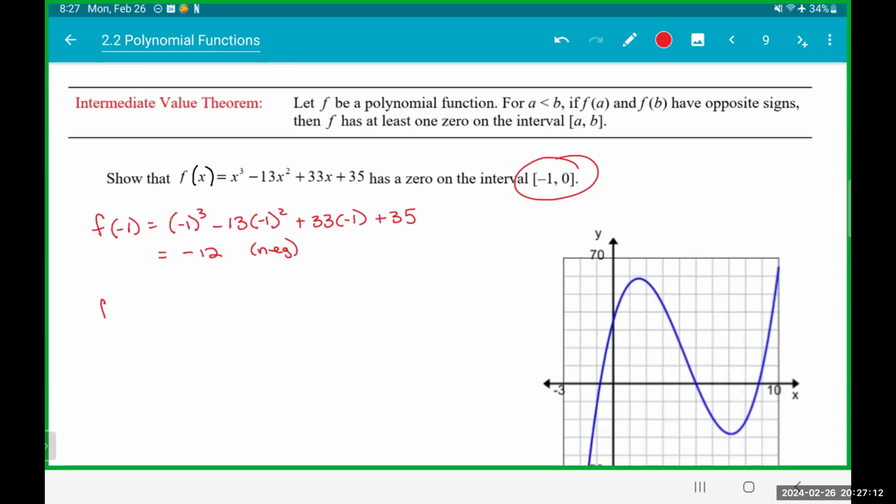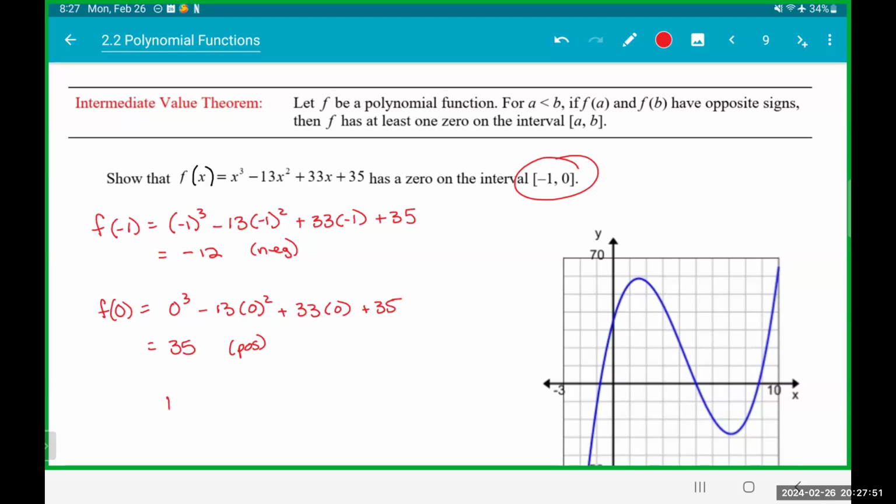So now let's evaluate on the other end of our interval. We have 0 cubed minus 13 times 0 squared plus 33 times 0 plus 35. When I simplify this, I get 35, which is positive, right? So what our theorem tells me is if I do this on the interval and I get opposite signs, then I have at least 1 zero on that interval.